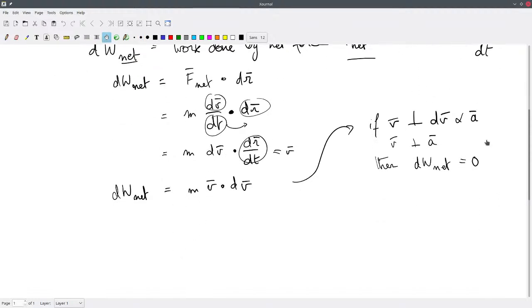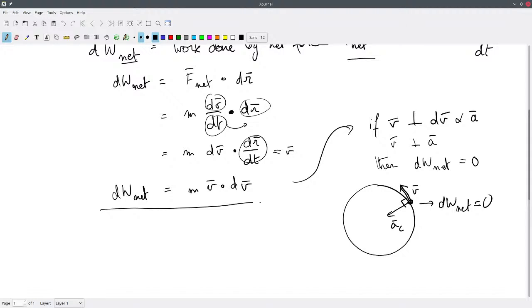And that's exactly what happens in uniform circular motion. If we have uniform circular motion, our acceleration is pointing towards the center, and velocity is pointing tangentially to the circular motion. And so in this case, the net work will be equal to 0 in an infinitesimal sense. And that's something that we already concluded before.